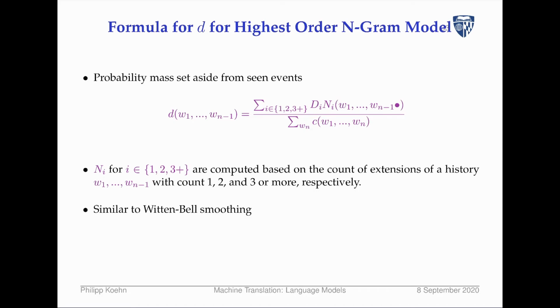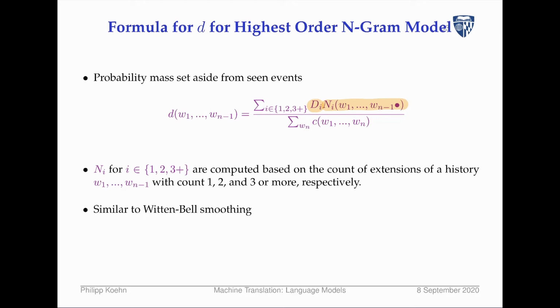Here is the formula for the discount mass that was set aside from discounting of the highest order n-gram model. So that's the formula in all its gory detail. Just keep in mind what's going on here: there are certain n-grams that occur maybe once, and you discounted D1 from each, so you have to add up all that.